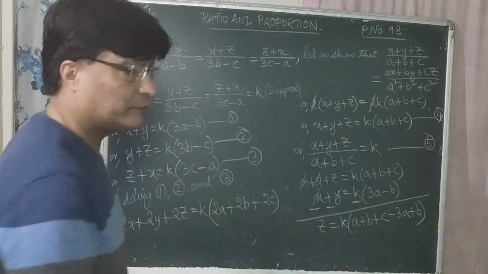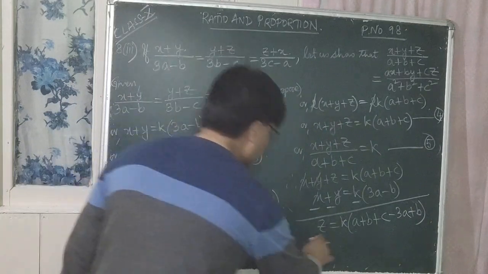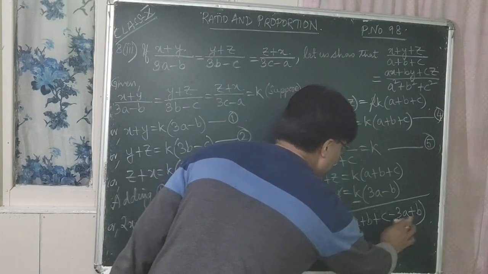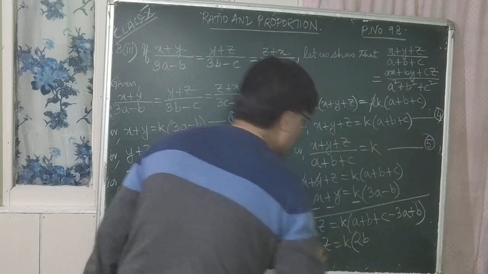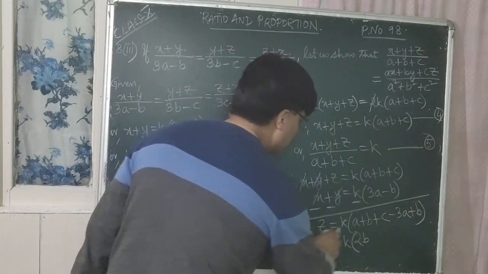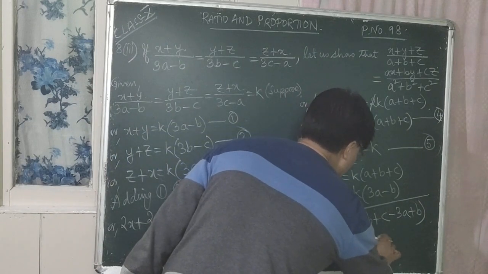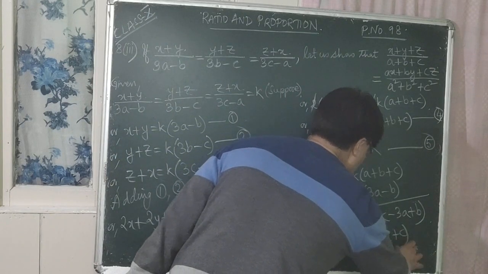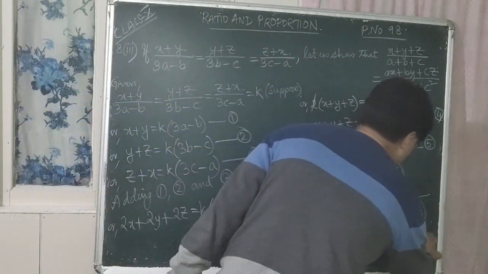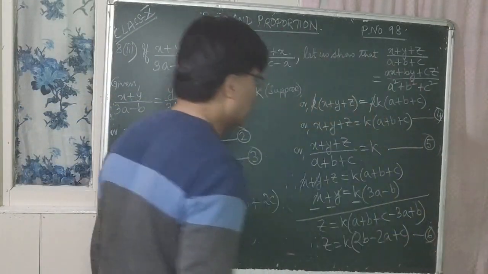So let's simplify it. Therefore z is equal to k within bracket, b plus b is 2b, then a minus 3a is minus 2a, then plus c. So that is the value for z. Let us mark it number 6.